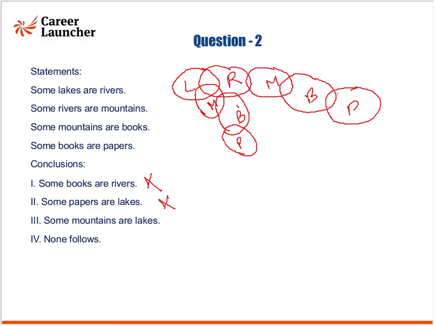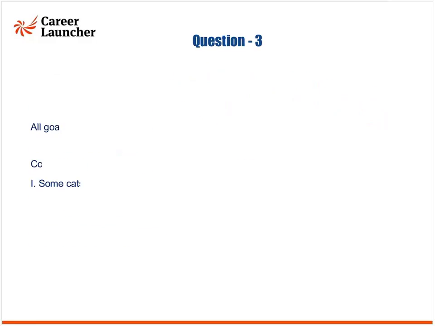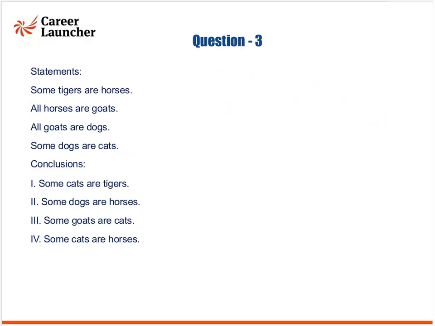It's happening here, but not happening here. So again we'll cross it out. So yeah, the answer is none follows because none of the given conclusions is valid. I hope it wasn't tough. Okay, so coming to question 3. Another interesting question. Some tigers are horses, all horses are goats, all goats are dogs, some dogs are cats. Okay.